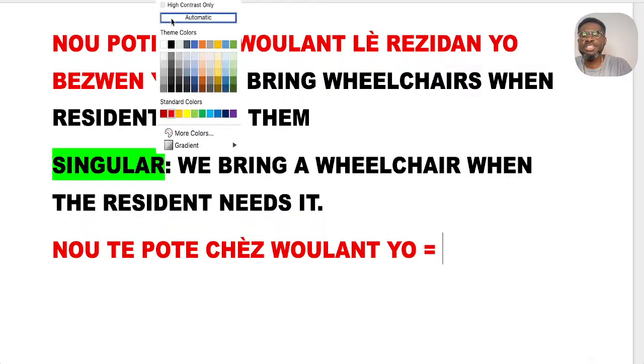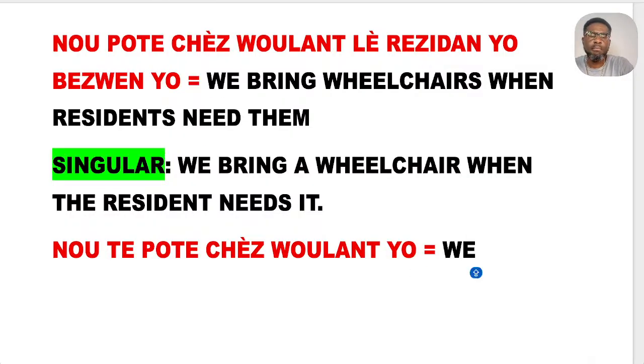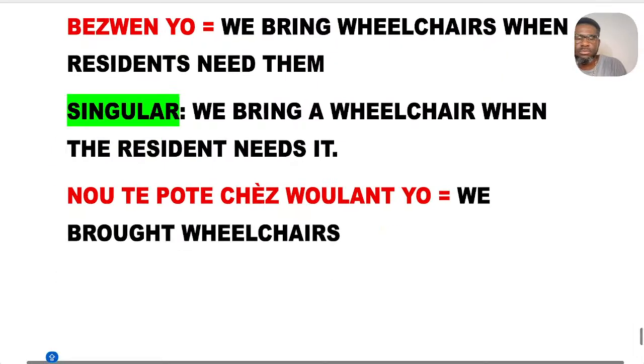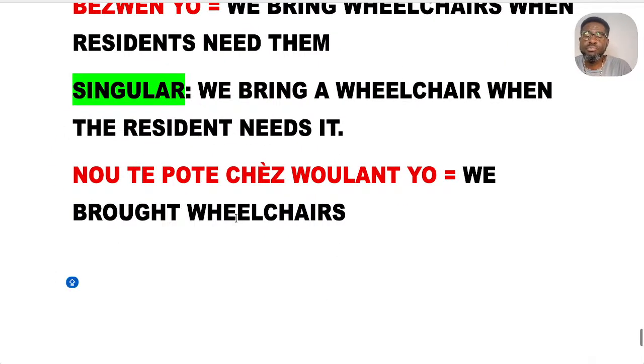We brought the wheelchairs. Let's take a short sentence to go faster. So here, we brought. Notice, brought. We brought wheelchairs. Okay, let me see. We brought wheelchairs. Brought. We brought wheelchairs. Okay, let's go.